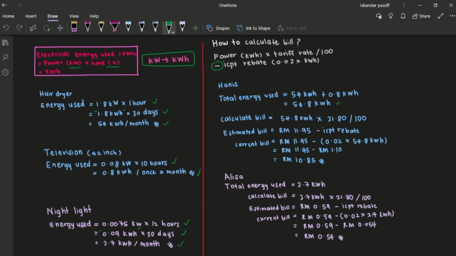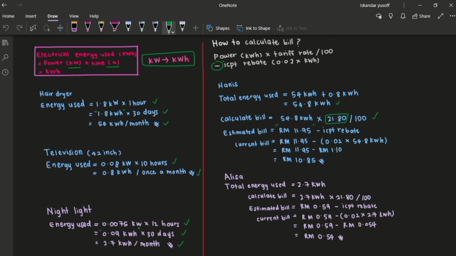First, we need to multiply 54.8 kilowatt hour with the tariff rate that is 21.80 for the first 200 units, and we need to divide with 100. Then the answer we will get is 11 ringgit and 95 cent as the estimate value.